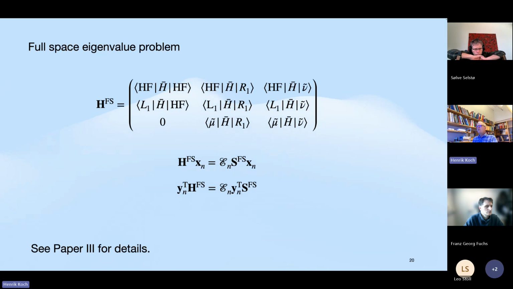But now we have, of course, removed one excitation that is still important in the system, and then we reintroduce that problem by diagonalizing the similarity transformed Hamiltonian H bar here in the full space.